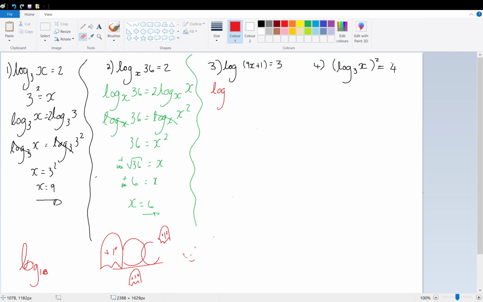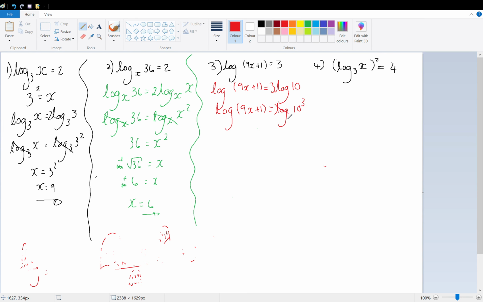Right. Now, when I have log of 9x plus 1, my base number is 10. So in other words, on the other side, I'm going to give my 3 a log of 10. Then my front numbers become my powers, so log of 9x plus 1 equals log of 10 cubed.